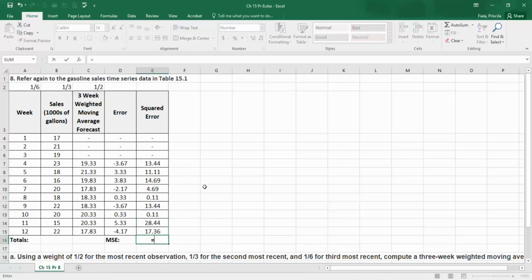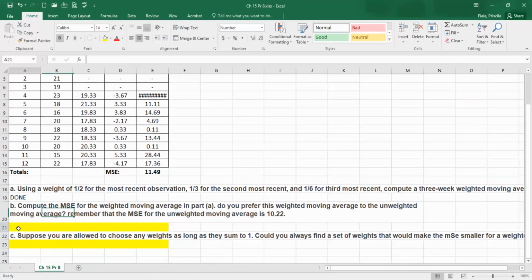Well, the mean square error, or the average square error, is the average of the square error values, which is 11.49. So let's go over here and put equals to, or should I put 3-week moving average? Or should I do 3-week weighted moving average?